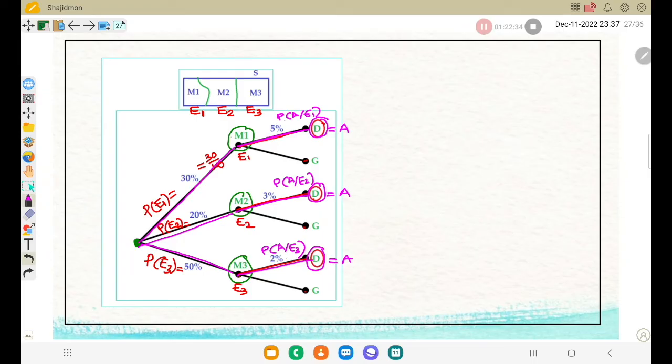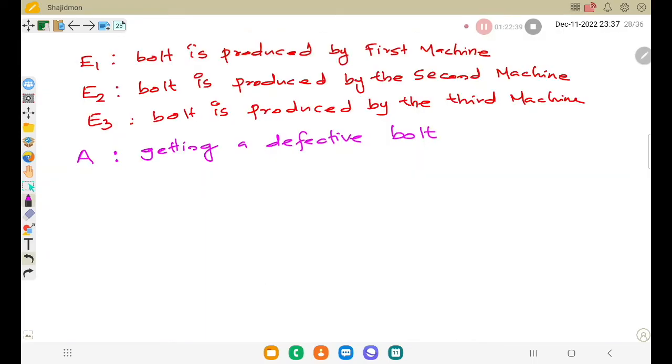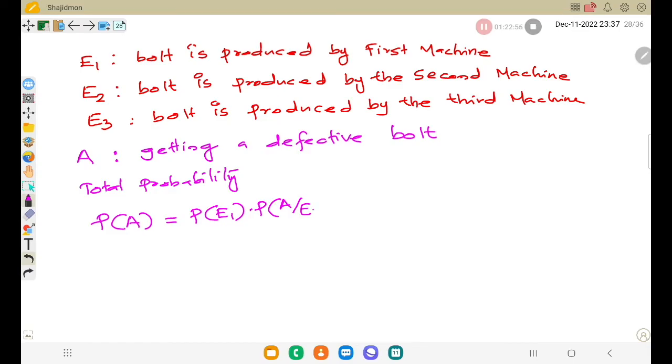Okay. So, we need to write the total probability here. So, I can write the total probability. What will be the rule? Probability of A equals first partition E1, probability of E1 multiply probability of A given E1, the first branch, plus second partition probability of E2 multiply probability of A given E2, correct?